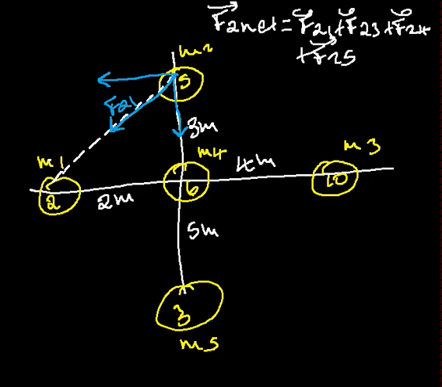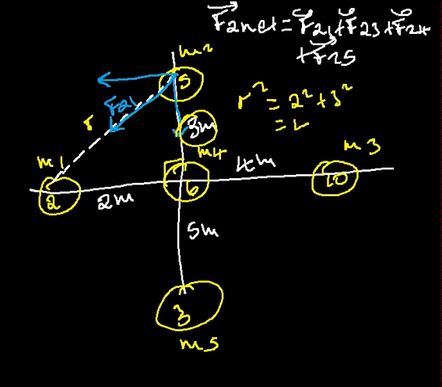And we don't know the separation distance between our charges. But using the Pythagoras theorem, with this right-angled triangle, we can find R. So let's get the separation distance using the Pythagoras theorem. R, which is the hypotenuse, will be given as the square root of 2 squared plus 3 squared.